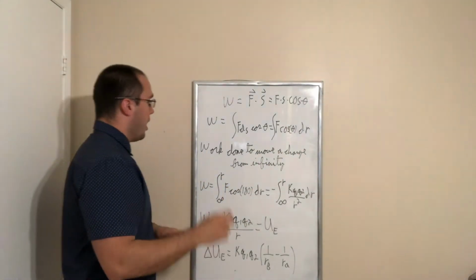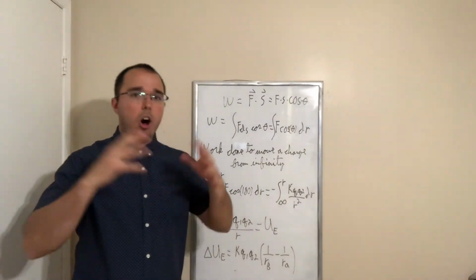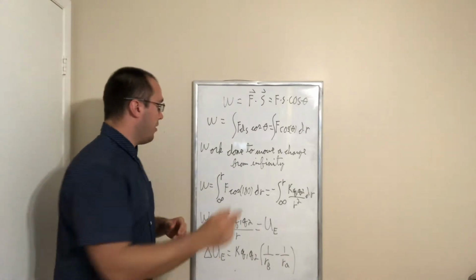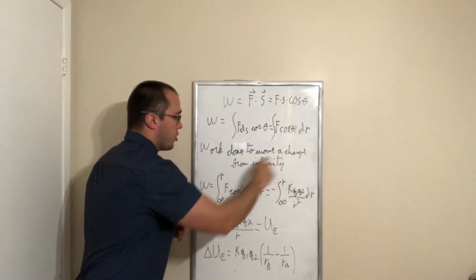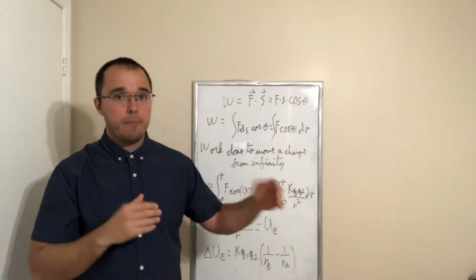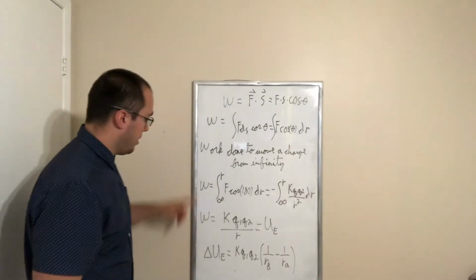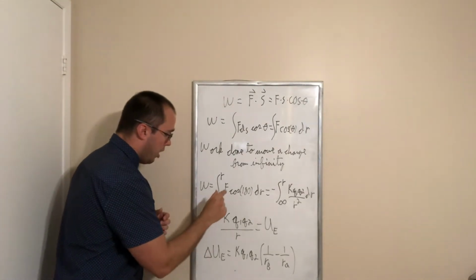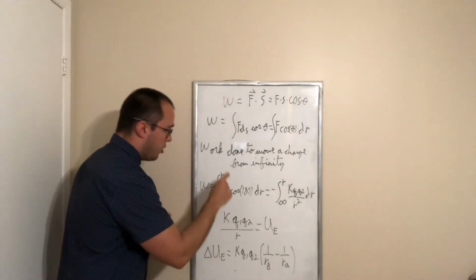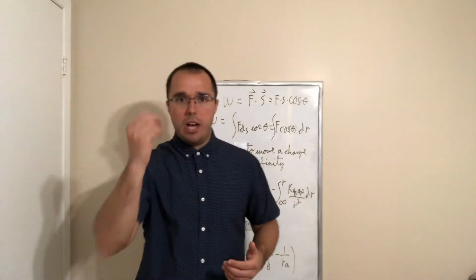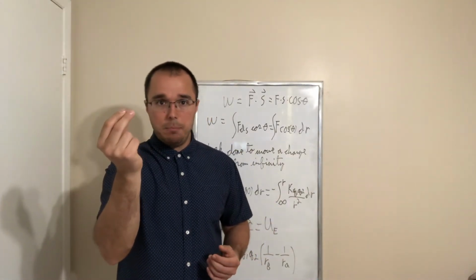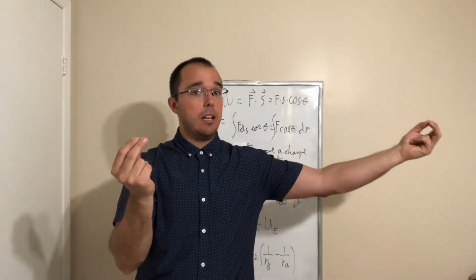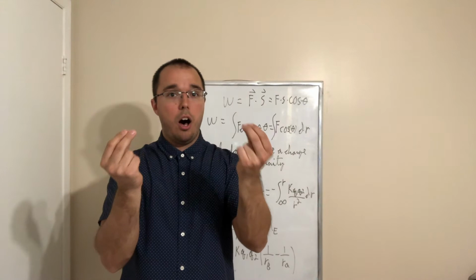Now, to simplify all of this, we are going to do one derivation: the work done to move a charge from infinity to a distance r. We use the integral with a lower and upper bound. Imagine you have a positive charge set in place, and you bring another positive charge from infinity to a certain distance r.